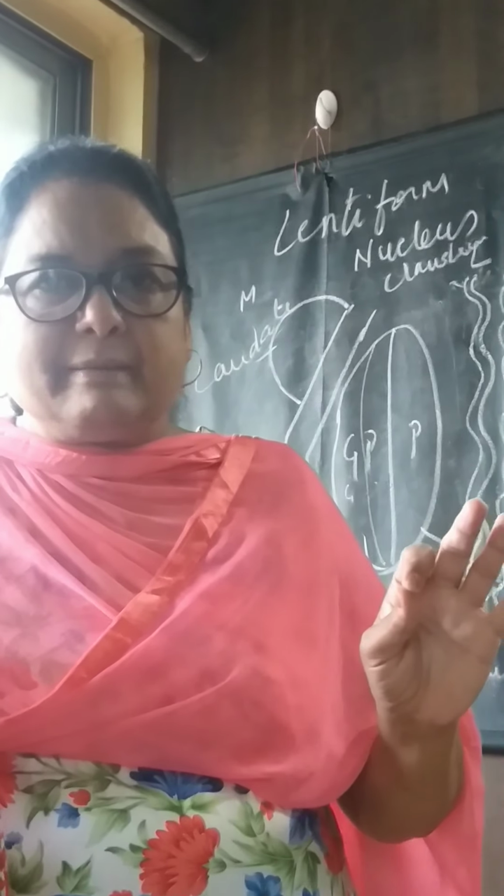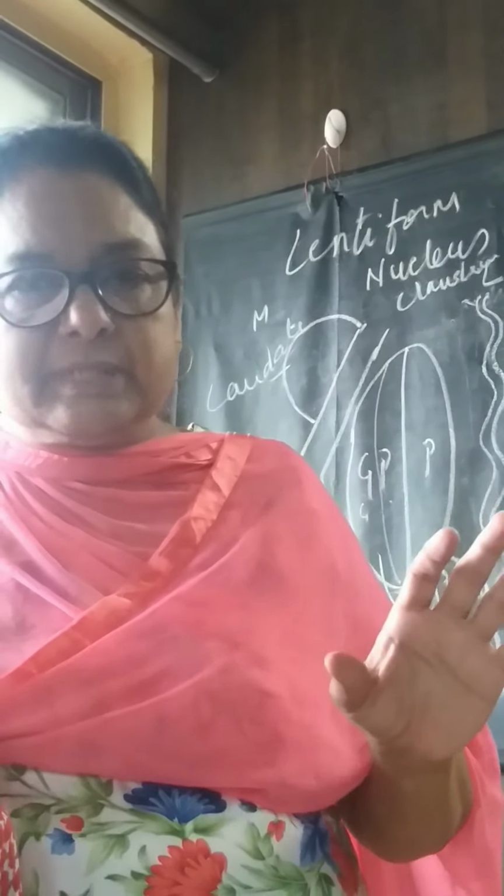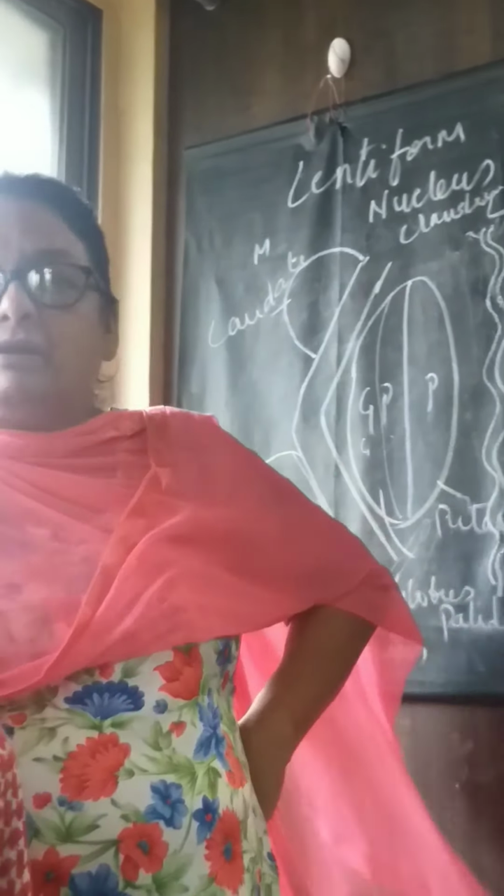The simple example is when you start walking, automatically the limb starts moving. So this is associated movements, while doing the actual movements. Then emotional expressions. It controls the extrapyramidal activities, and execution of learned pattern at the subconscious level.